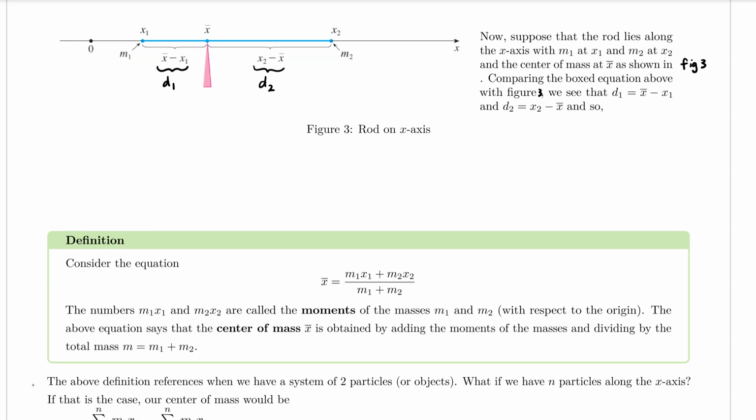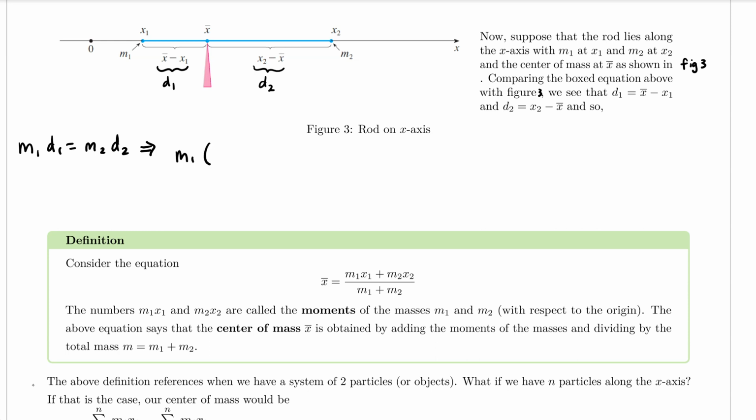And so in the boxed equation we had previously, we said that the rod will balance if m1 times d1 is equal to m2 times d2. What I'm going to do now is replace those d values with x values.